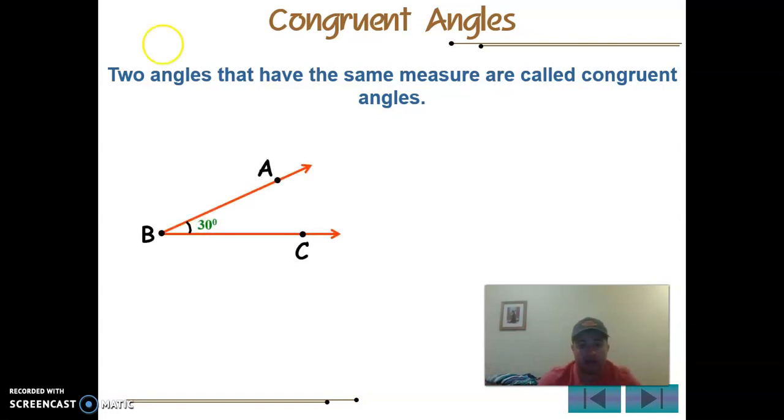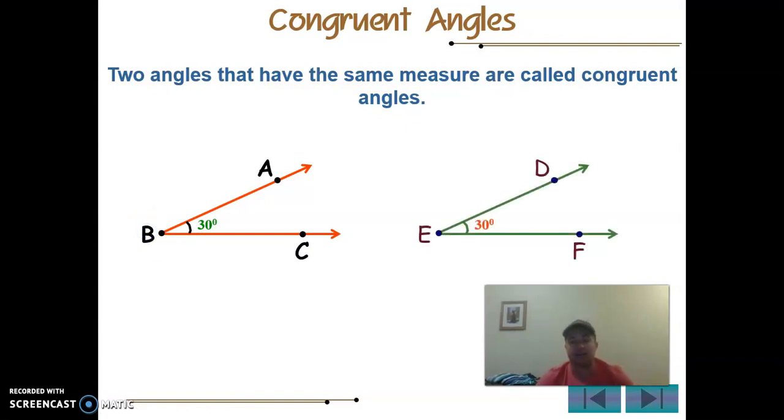So here we have angle ABC. Notice how I put B in the middle because that's called the vertex. You're right. And we have angle DEF. What do you notice about these two? They're both 30 degrees. So that means if I pick up angle DEF and I translate it, what does translate mean again?